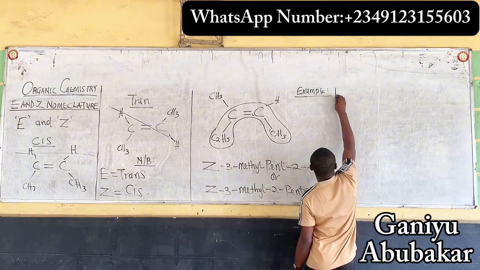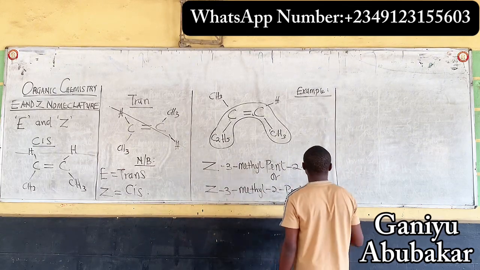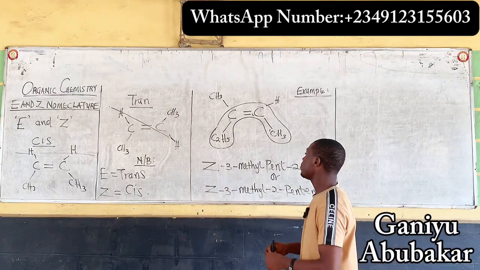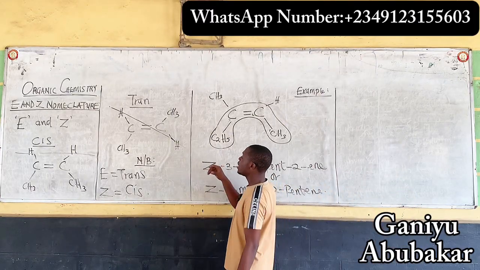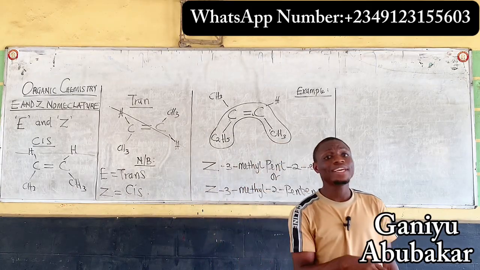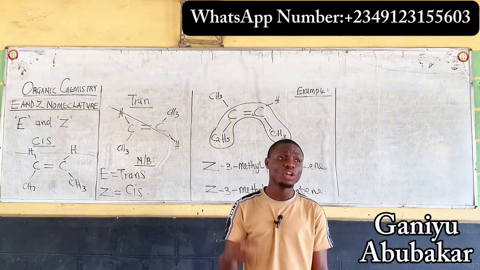Let's take another problem to explain the concept of E and Z nomenclature. Please, to determine if it is Z or E, it's simple: count your longest chain.